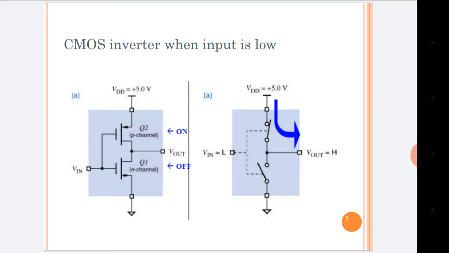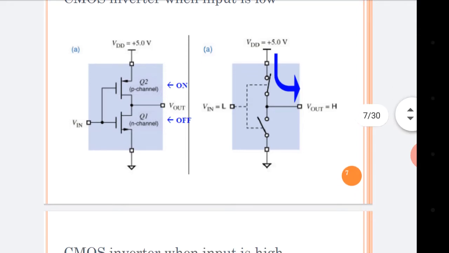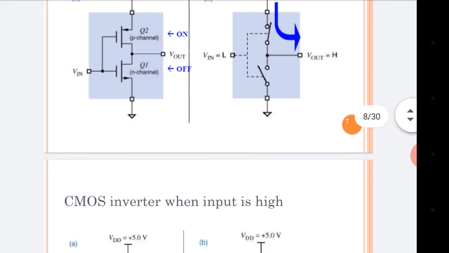So the output voltage you get is VDD minus some small voltage drop across the drain and the source terminal of the PMOS, and that is as good as a high output. So whenever input is low, your output is high.